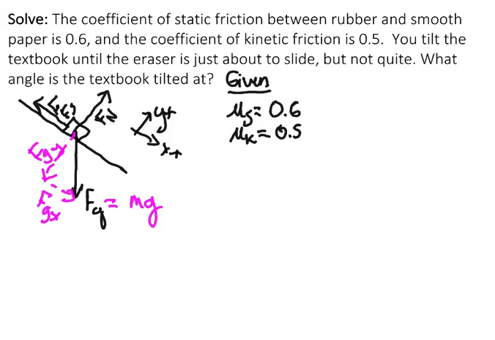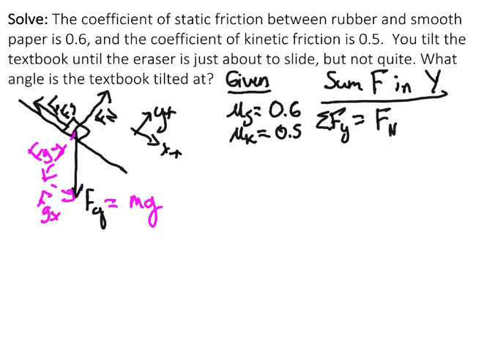So let's start by summing the forces in the y direction. Net force in y, there's only two of them. There's the normal force, and then there's F_Gy, that component of gravity. Now, I don't know what angle the textbook is tilted at.